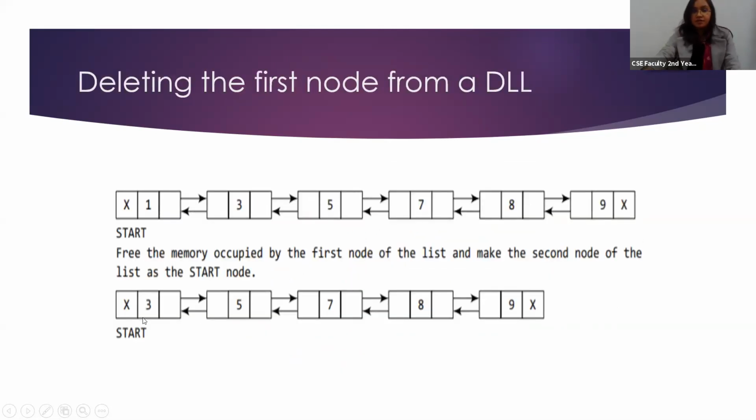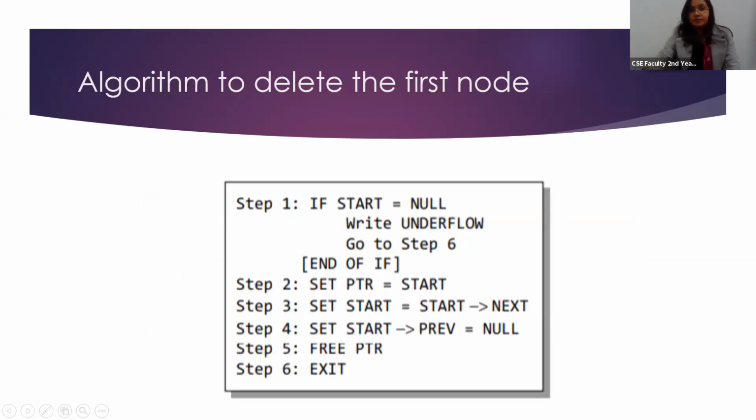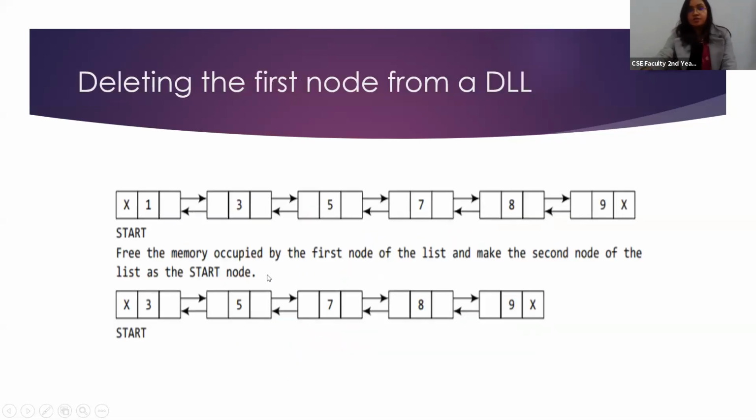So set start previous, that means this part, equal to null. And free the pointer. Which one is pointer? This one. Means you have to free this node. That is what they are saying. So this is deleting the first node from a doubly linked list. This is the first case of deletion.